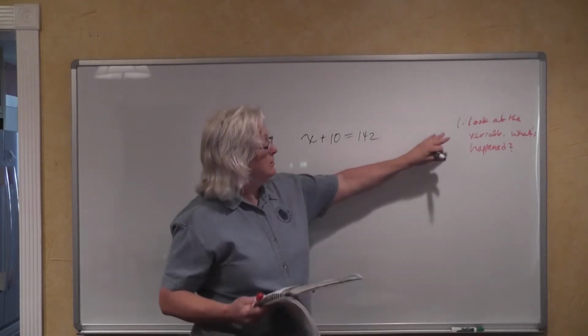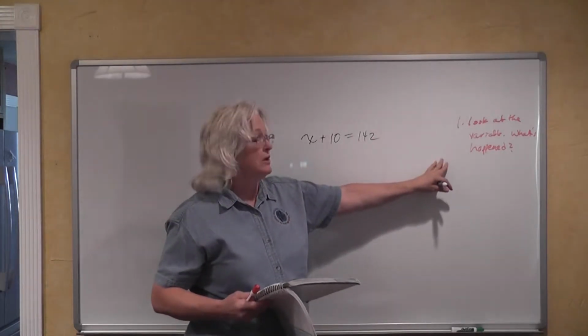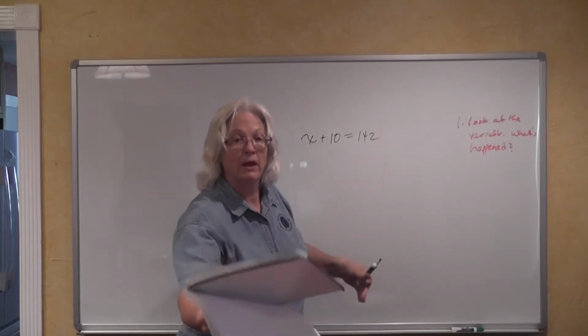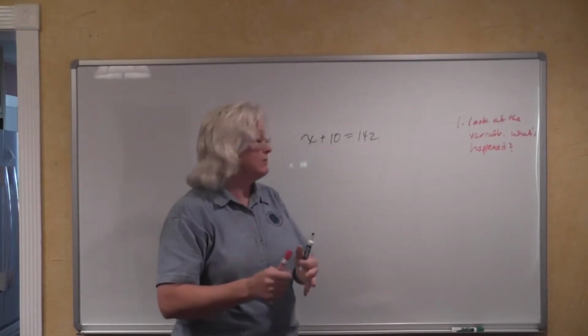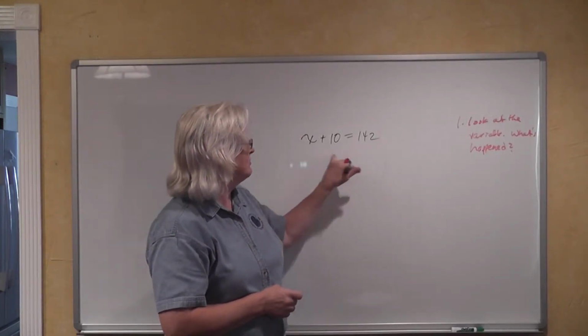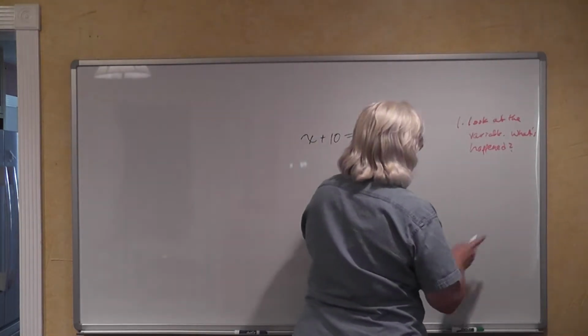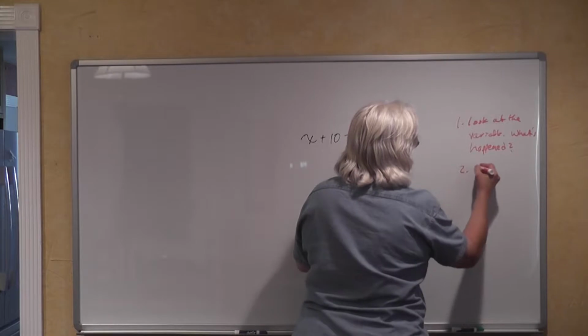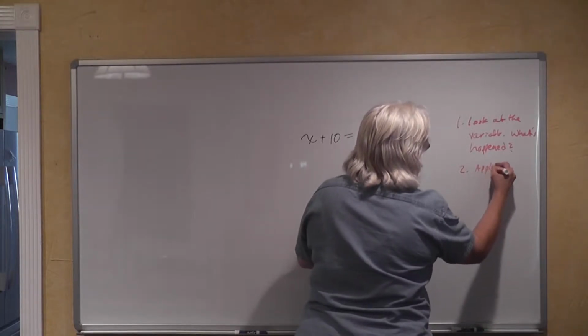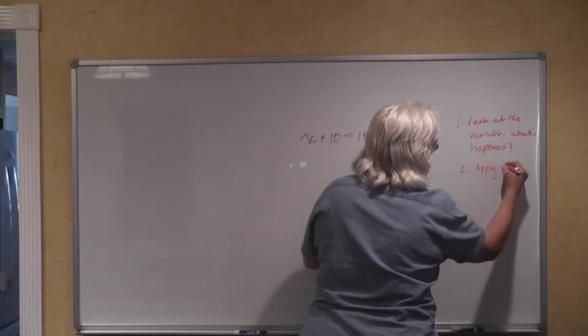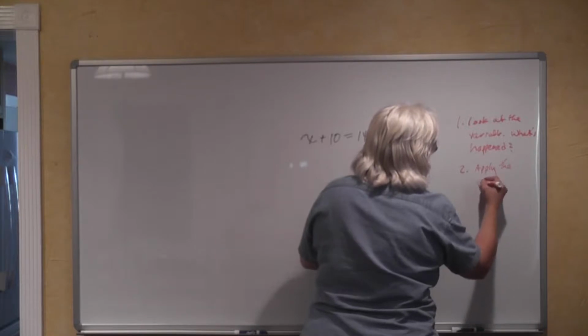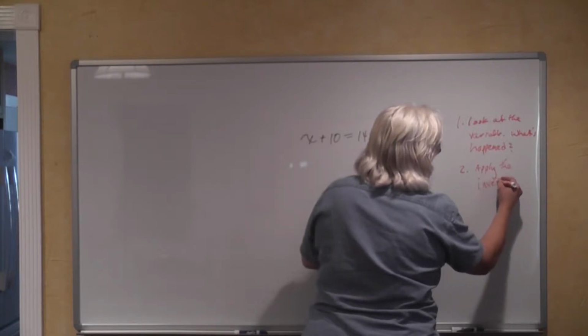What we want to do is look at the variable, figure out what's happened, and apply the inverse operation. So if we added 10, what's the inverse operation going to be for this particular problem? We've added 10. The inverse is to subtract.